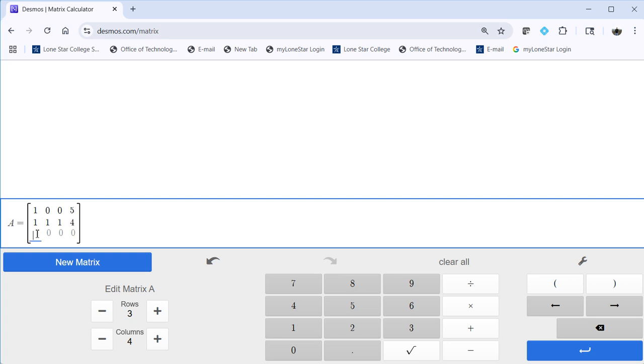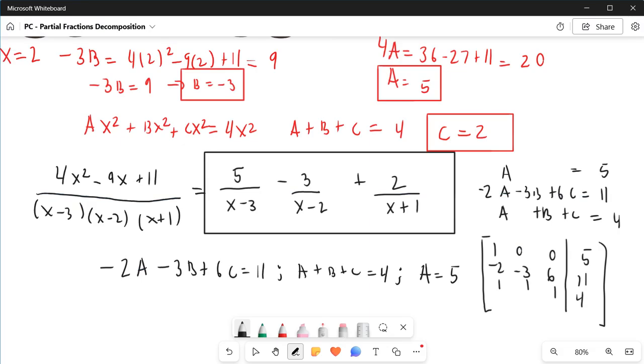But what is this? This is negative 2, negative 3, 6, and let me see that, 11. Okay, so 11.